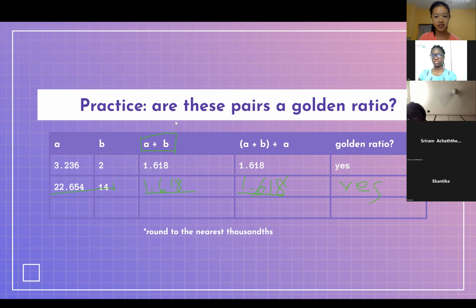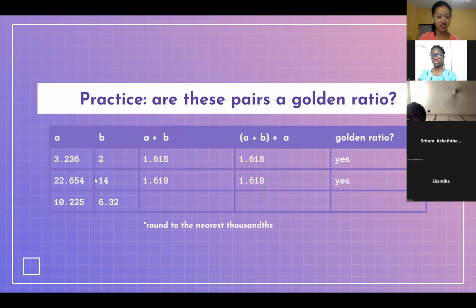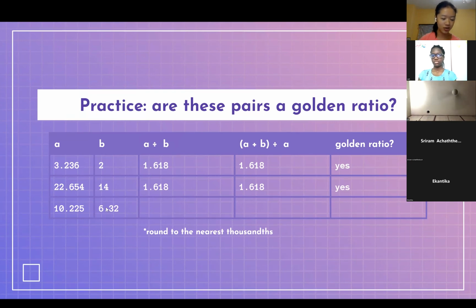So finally, our last example over here, oops, I just showed you the answer by accident, would be 10.225 and 6.32. So for this one, you can just jump to the end. So would these numbers be a golden ratio?